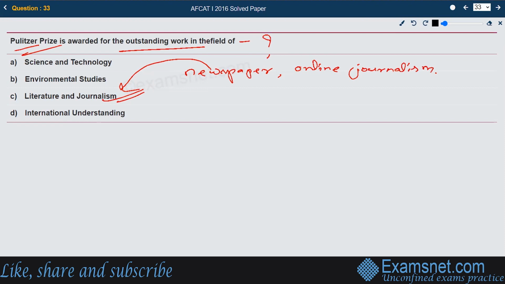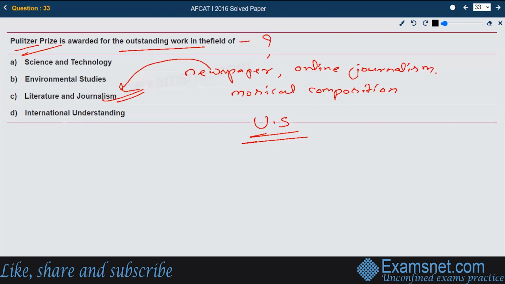Literature is obviously there, and musical composition also. This award is given by the United States. So this is a little briefing about this particular award.